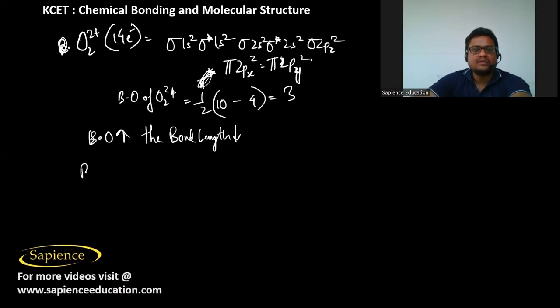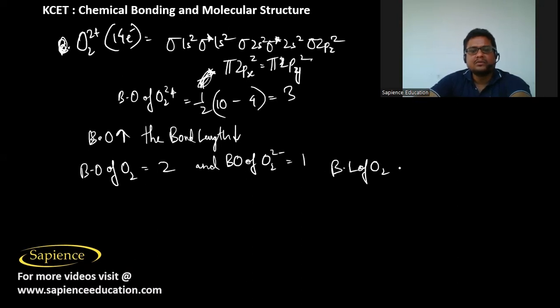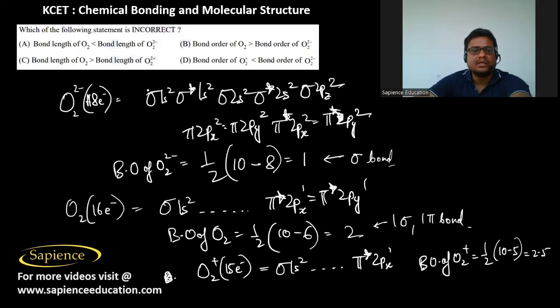That will be true, since the bond order of O2 is 2 and the bond order of O2 2 minus is 1. So the bond length of O2 will obviously be less than that of O2 2 minus. So option A is a correct statement. And in option B, it is told the bond order of O2 is more than the bond order of O2 2 minus, which is also true.